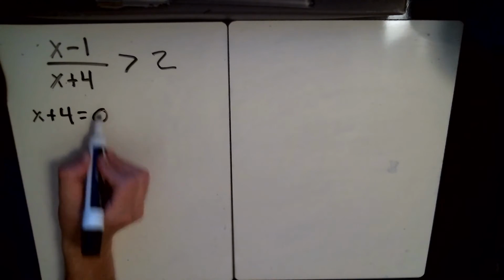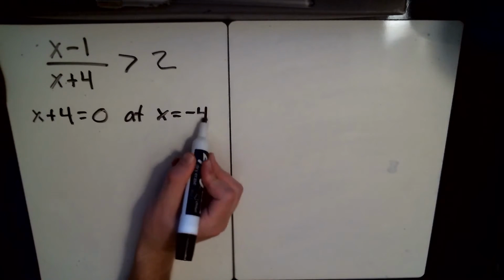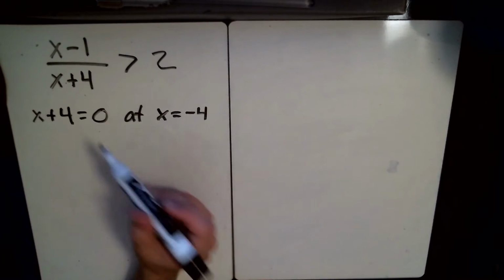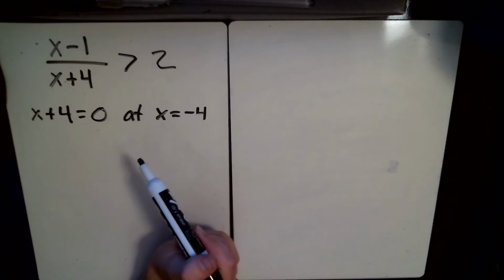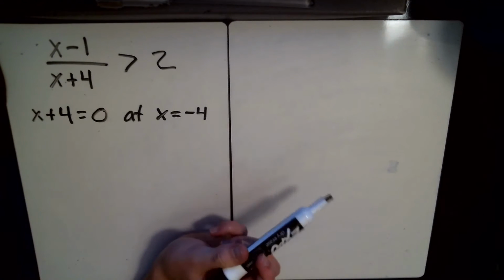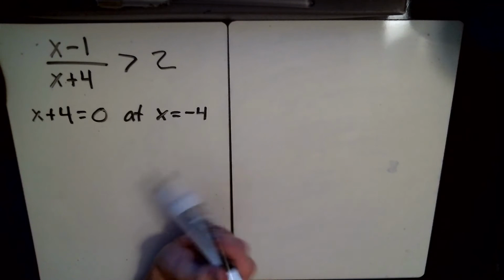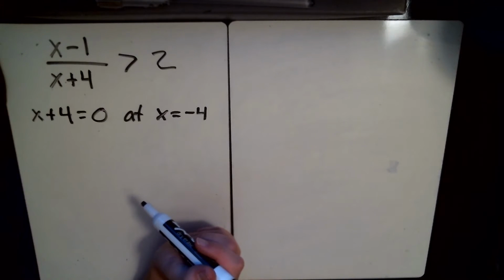x plus 4 equals 0 at x equals -4. So at x equals -4, this function is doing weird stuff. It doesn't make sense there. So that's a point that I need to keep in mind as one of our boundary points before we go too much further.